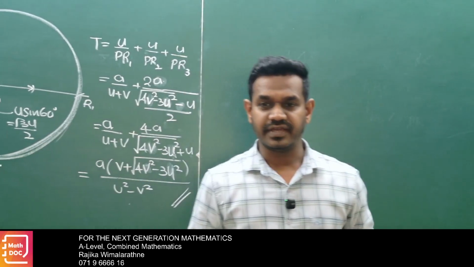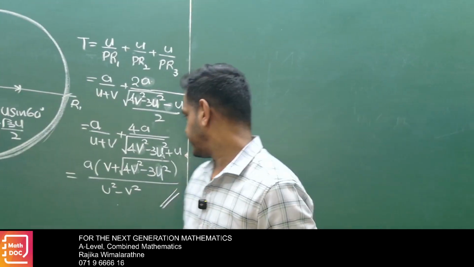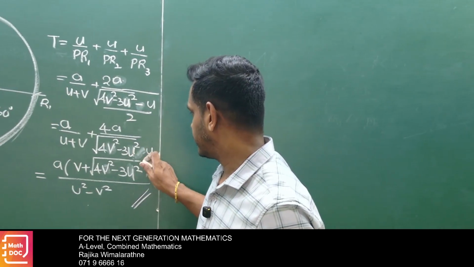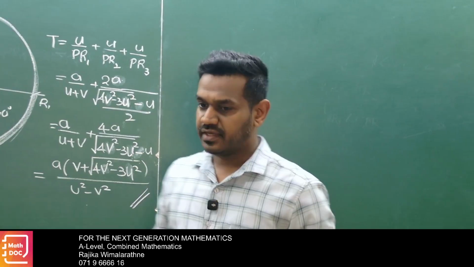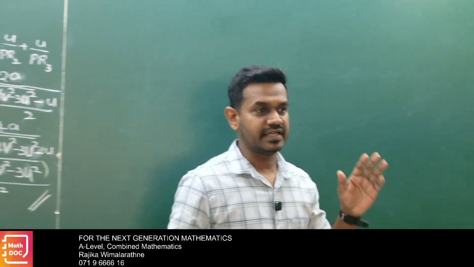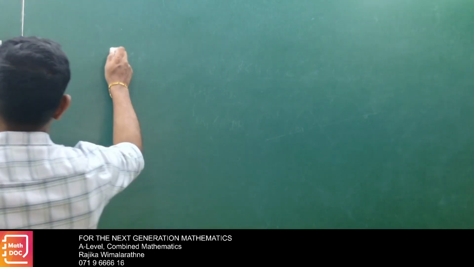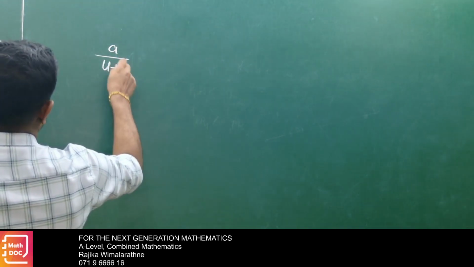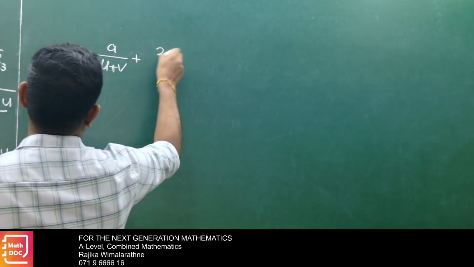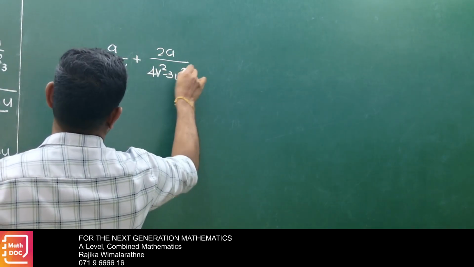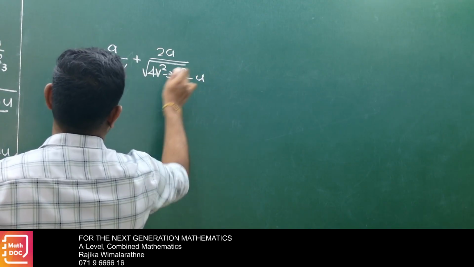Okay, let's check the simplification. Here we had a over u plus v, 2a over 4v square minus 3u square minus u, root, divide by 2.